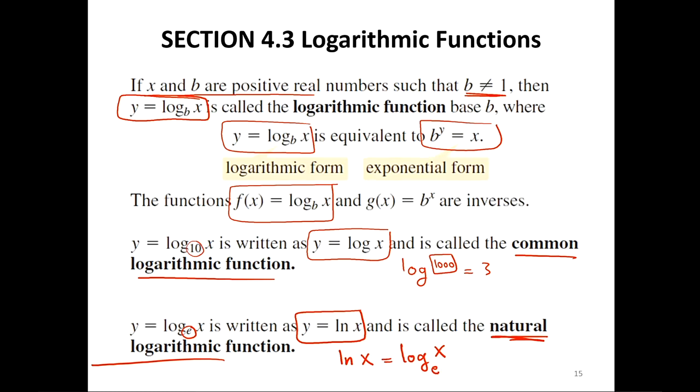But for simplicity, we don't write log e, we write ln. Okay? ln, the natural logarithm function. So if we have ln, this is the logarithm with base e. If we have log without any base, the base equals 10.